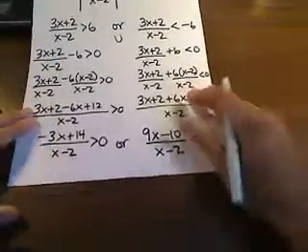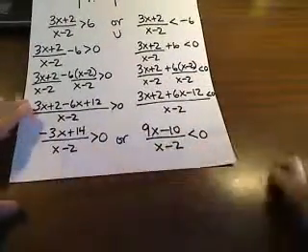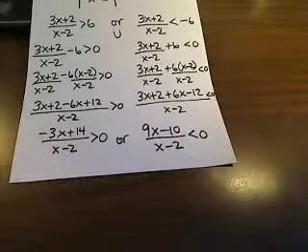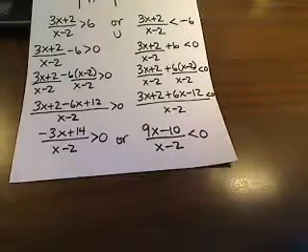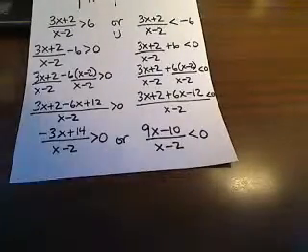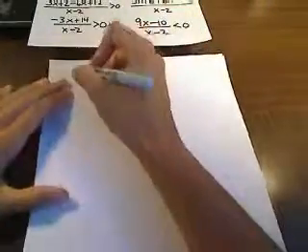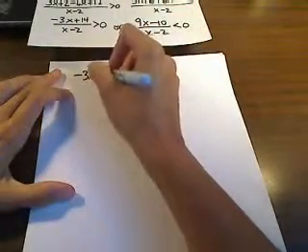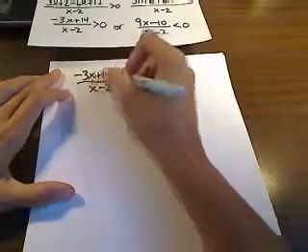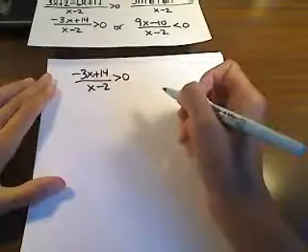Okay? All right, so let's do both of these separately, and then I will take the union as the solution. All right, so let's do the (-3x + 14)/(x - 2) first.